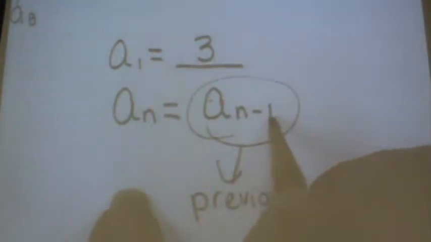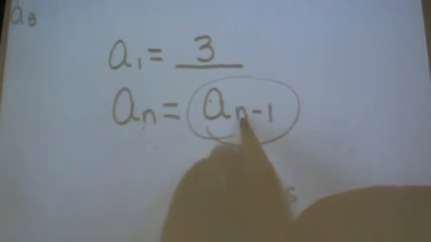So if I asked you to write a recursive formula for this, you state the first term, which is 3. Then to find any term in the sequence, you must know the previous term. Previous term is a sub n minus 1. So if you want the 100th term, a sub 100, you have to know the 99th term, and then you want to add the common difference, which in this case was 3.